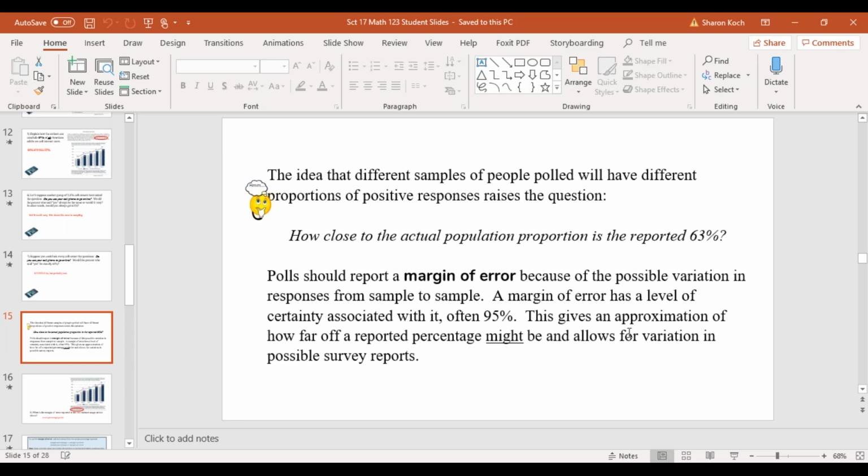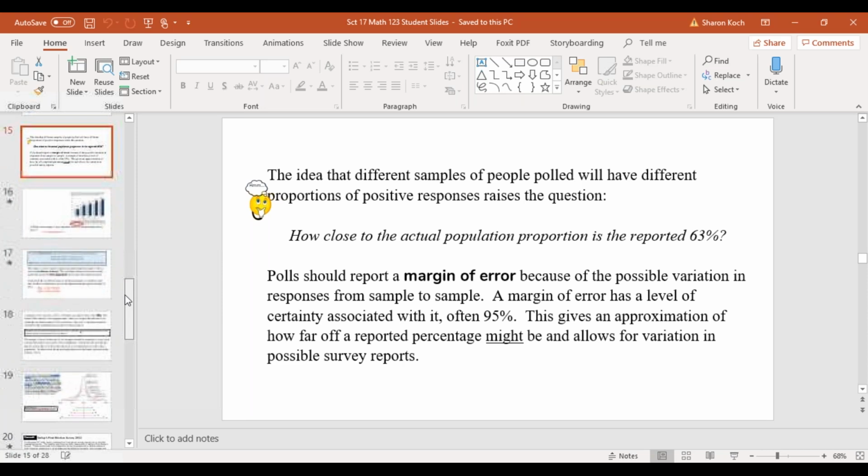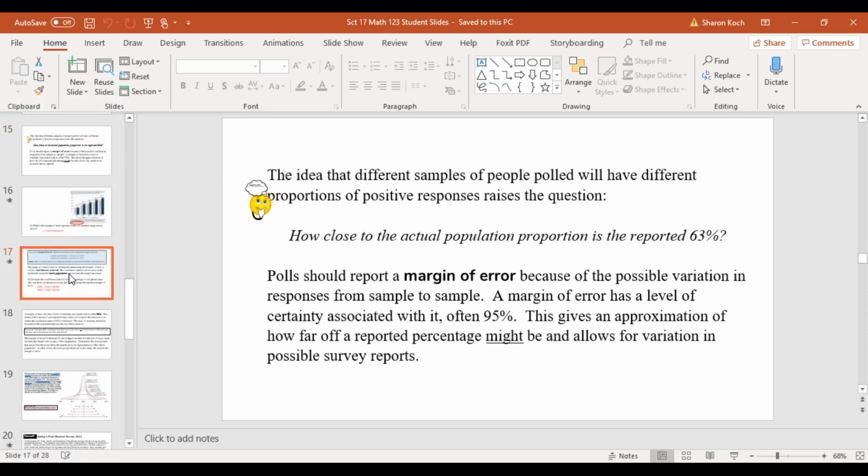It gives an approximation of how far off a reported percentage might be. It allows for possible mistakes within the data. We can never say anything is for certain. We always have to include that margin of error.